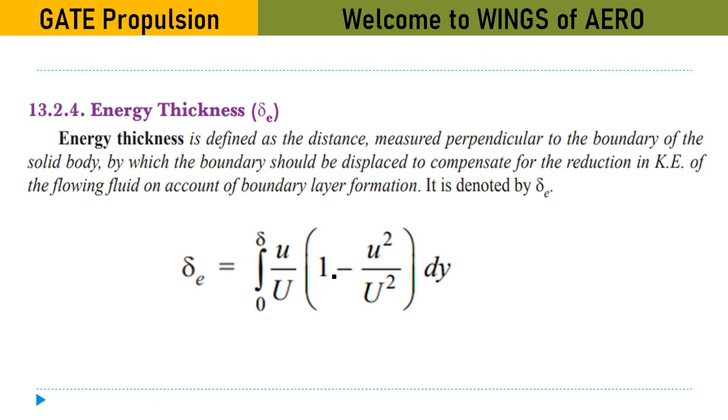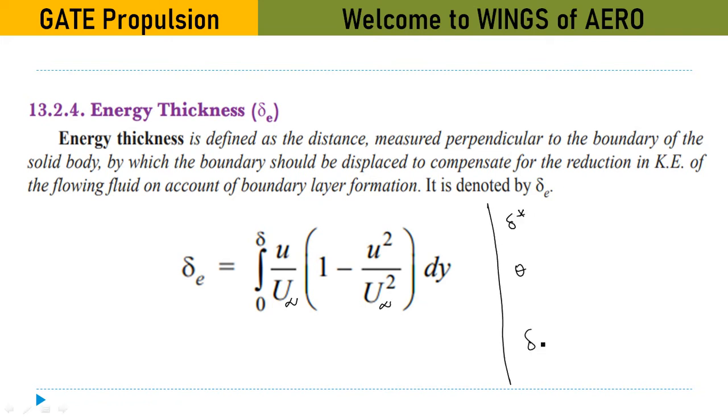Now we have seen the three formulas, isn't it? What is the common thing? All have the integral from 0 to del, 0 to del, 0 to del. Next we have 1 minus u by u infinity dy. And again integrating with respect to dy is also a common factor.